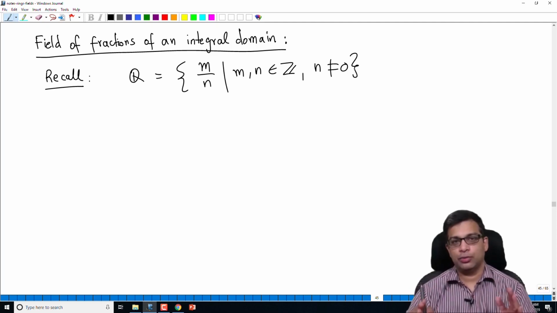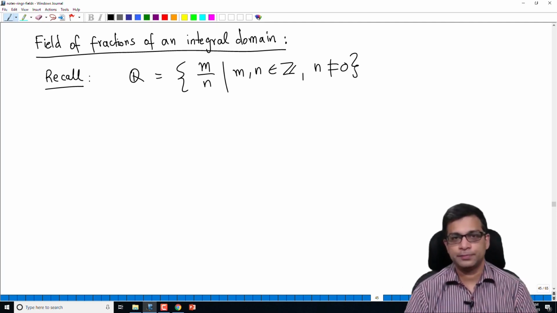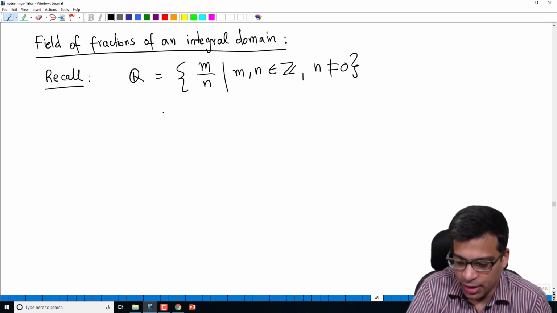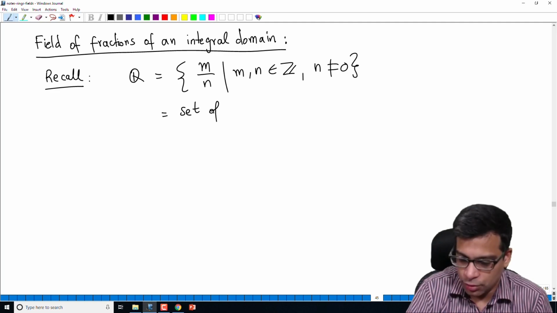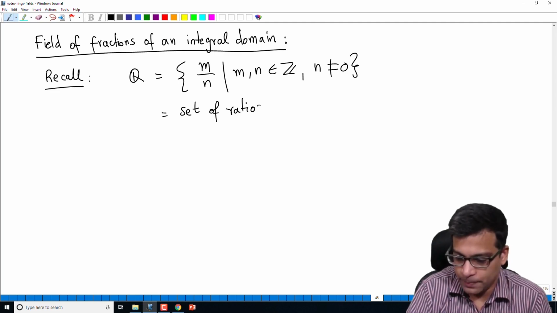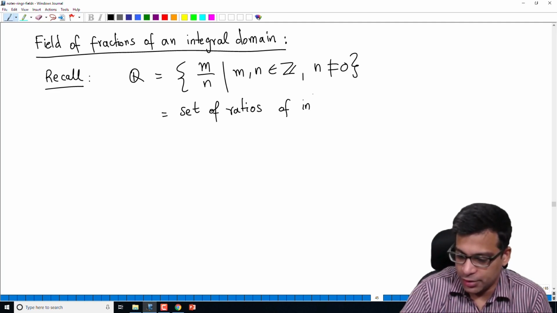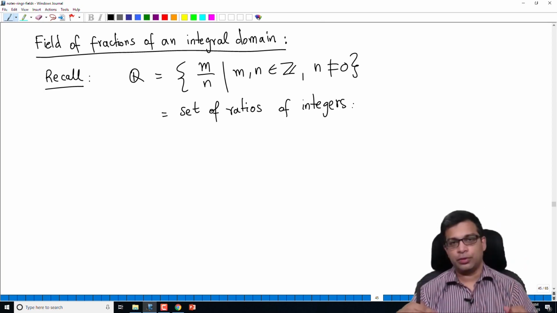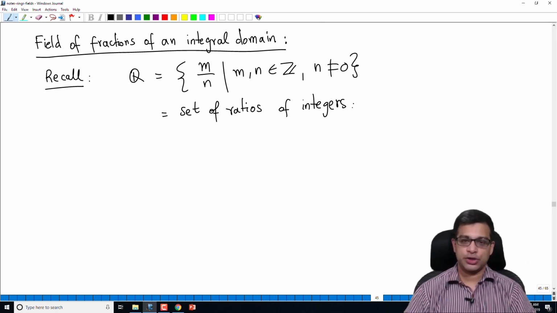So I want to express Q as somehow coming from Z. So Q is really the set of ratios of integers. So you take integers and you take all possible ratios.